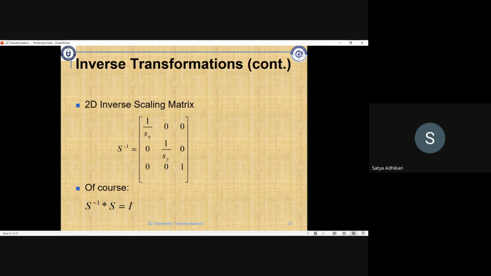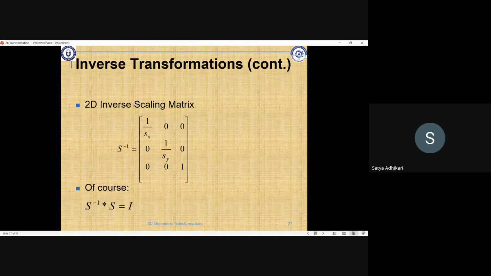You know that by applying the scaling operation, the size is already changed. If the scaling factor is greater than 1, the size is enlarged and it moves away from the origin. And if it is less than 1, the size is diminished and it moves towards the origin. We have already discussed this.